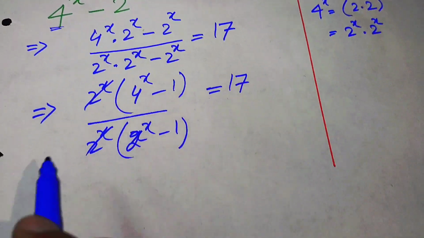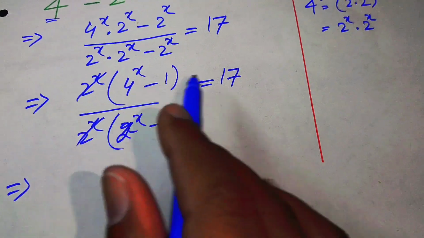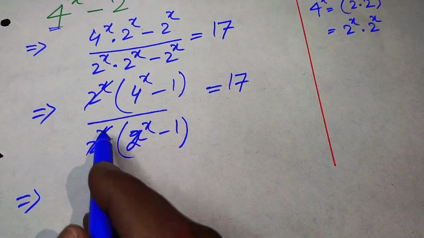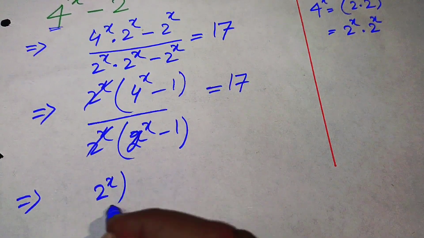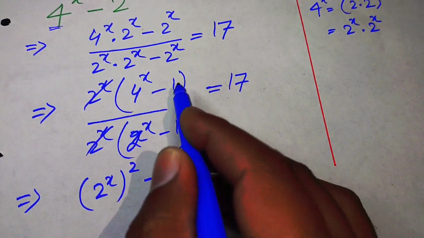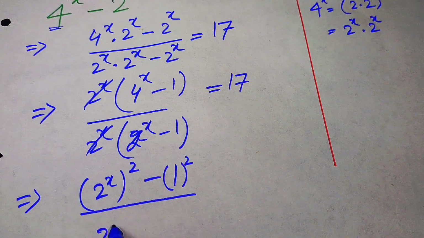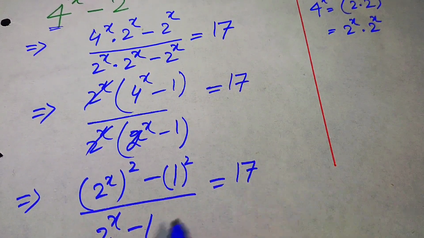These terms are gone, and after that we obtain 4^x, and again we write 4^x in this form, (2^x) whole squared, minus, we write this one as 1 squared, over 2^x − 1, equal to 17.